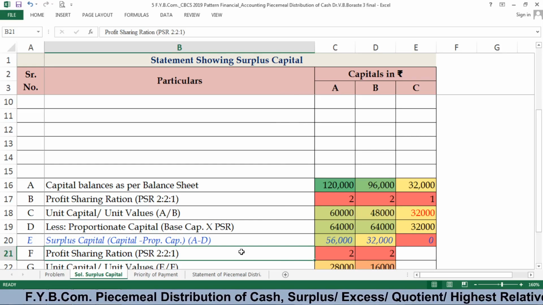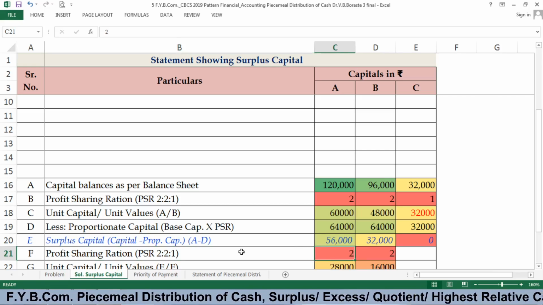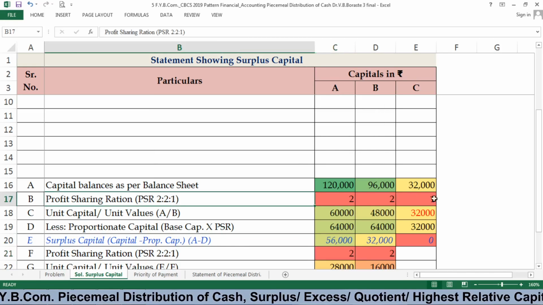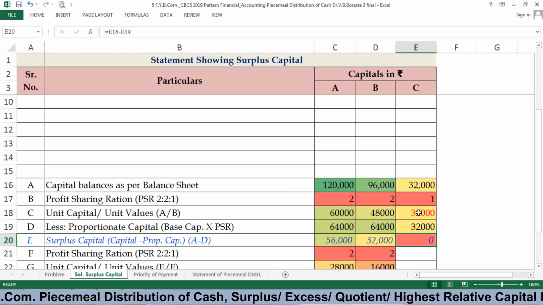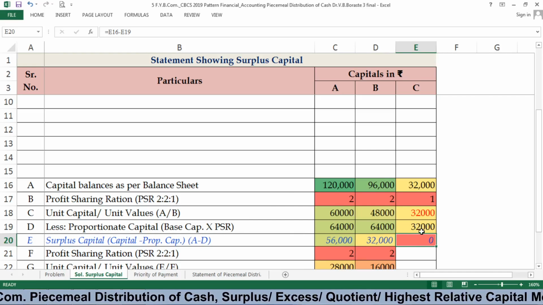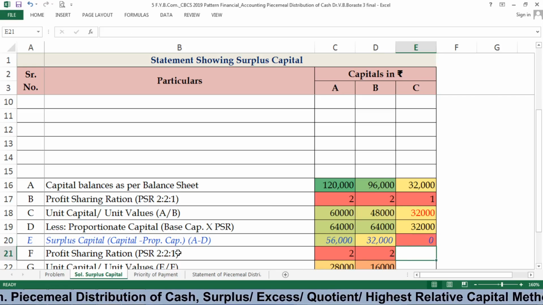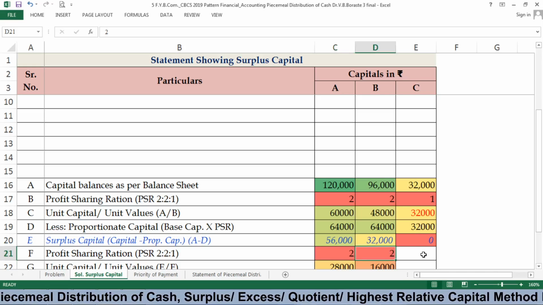First of all, profit sharing ratio, as I earlier mentioned, is 2:1, but here Mr. C's balance becomes nil because he gives 32,000 and his proportionate becomes 32,000, so balance will be nil. Now we have to repeat all the stages for Mr. A and Mr. B only because C's share is now nil.